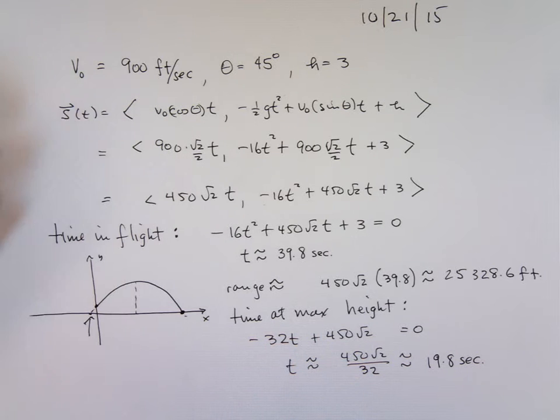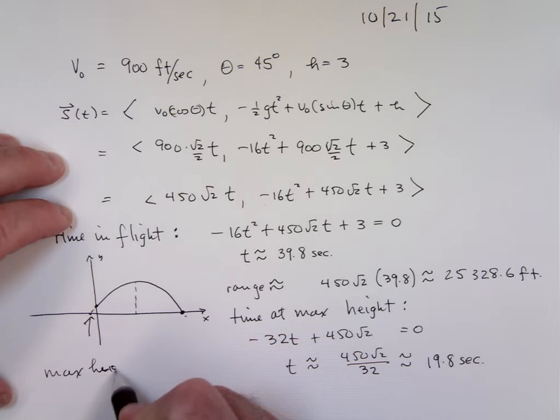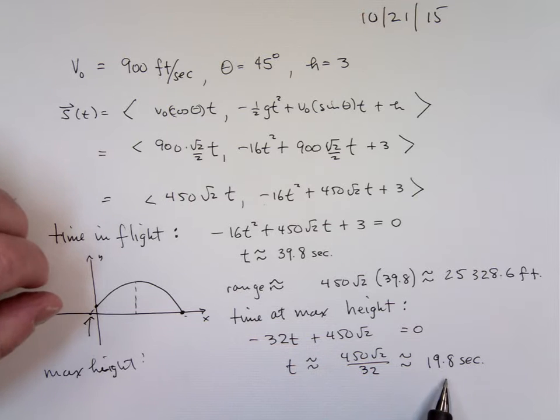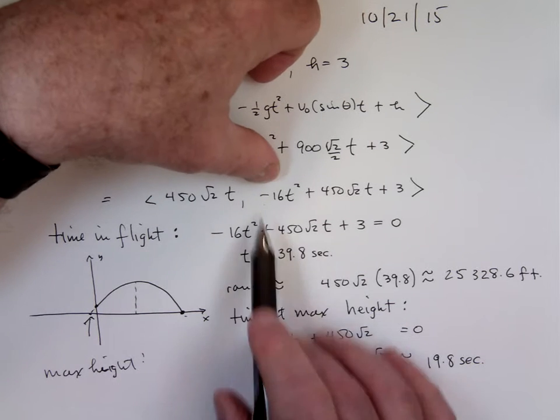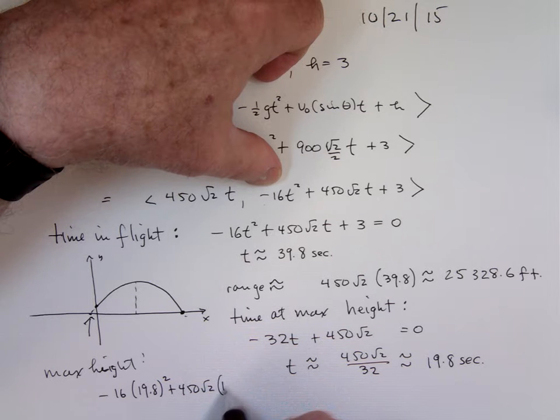What is the max height? How do you find the max height? You bet. Exactly right. So the max height occurs by taking this time and substituting it into our y component. So it would be negative 16 times 19.8 squared, plus 450 square roots of 2 times 19.8, plus 3.